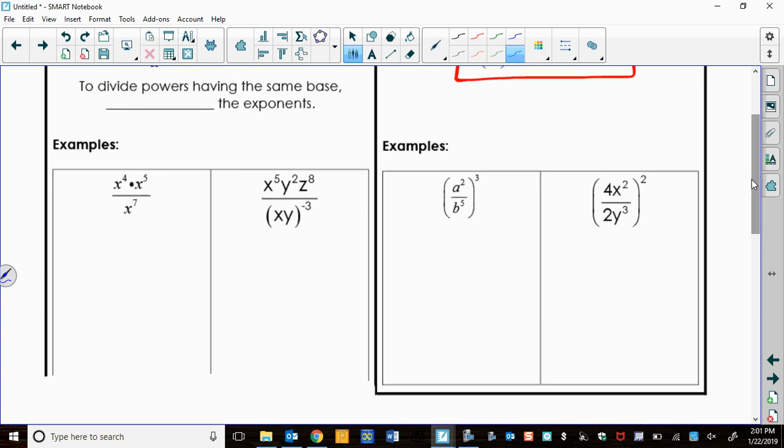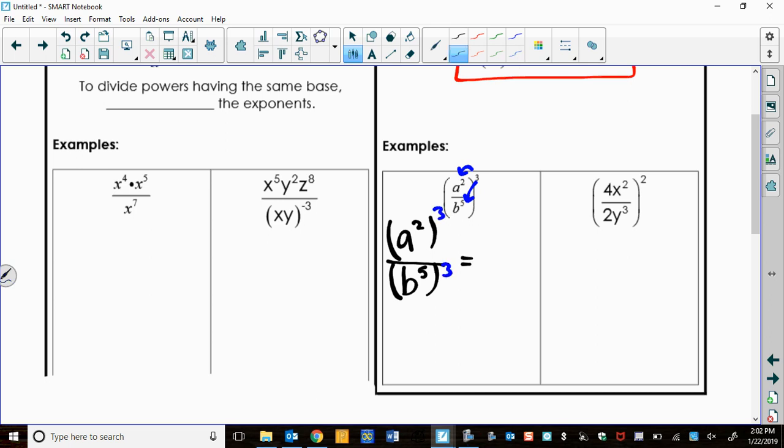Alright, so let's look at this problem. I'm raising the power a to the second power by 3, and I'm going to raise the power of b to the fifth power. So this is what it's going to look like: a to the second and b to the fifth. We broke those two up, and they're going to be raised to the third power.